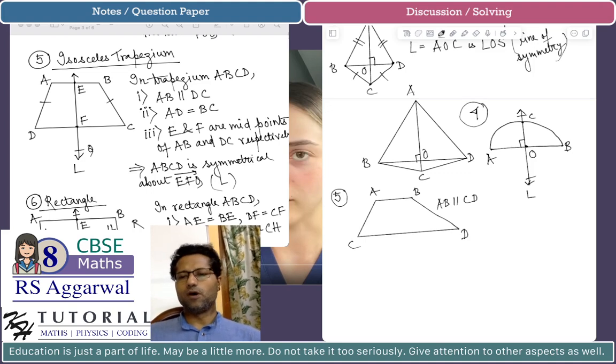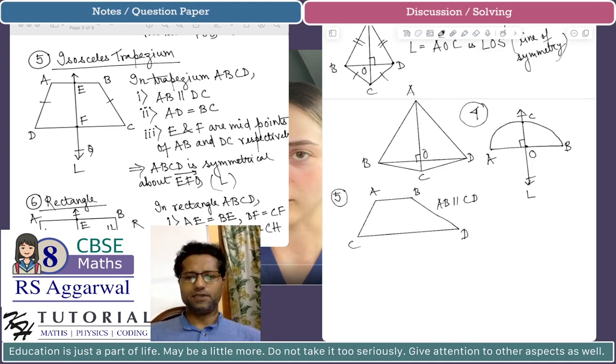Only two opposite sides of a trapezium are parallel. AB is parallel to CD, and the other two opposite sides are not parallel, that is, AC is not parallel to BD. So this is a trapezium.